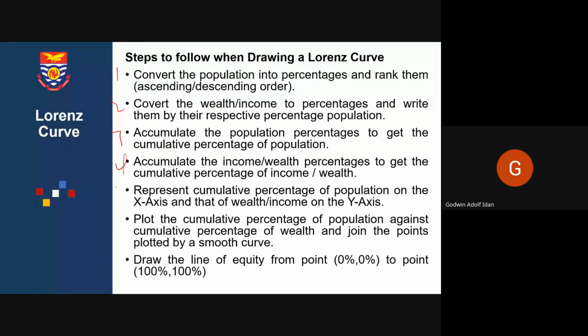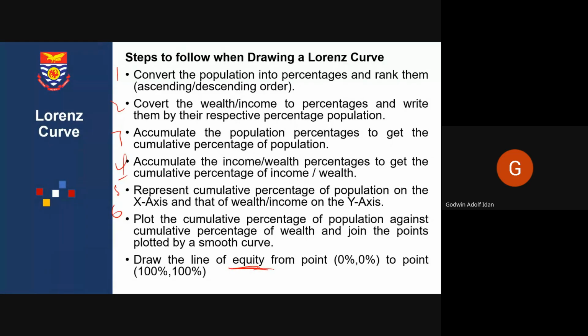Then we plot the cumulative percentages of income against the cumulative percentage of the population, and then you connect them, similar to what we saw in the cumulative frequency. Then the last step says that draw a line of equity.